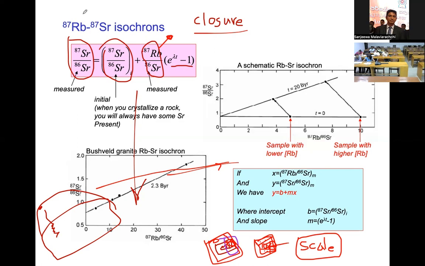For rubidium strontium, the closure temperature is not very high, maybe less than 800 degrees Celsius. Anything in the granulite phase, metamorphosed rocks which are exceedingly higher than 800, might not be suitable for rubidium strontium isotope systematics in most of the cases, right?